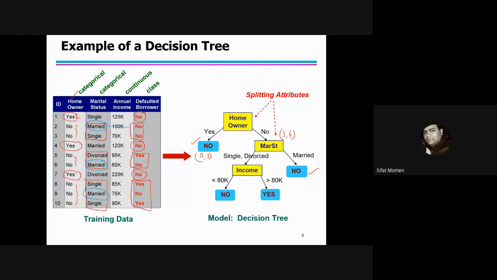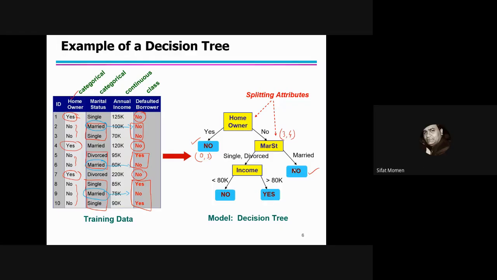And for each of the 3 married, what's the answer? No, right? That's a pure class. That's how it knows that if it's married, then it's definitely no. Clear? Yes, sir.